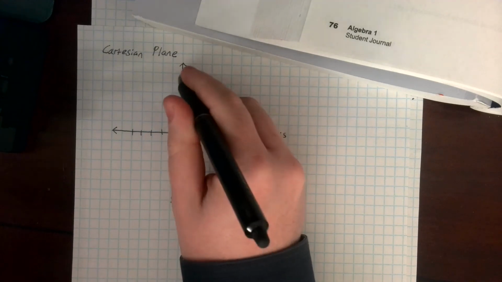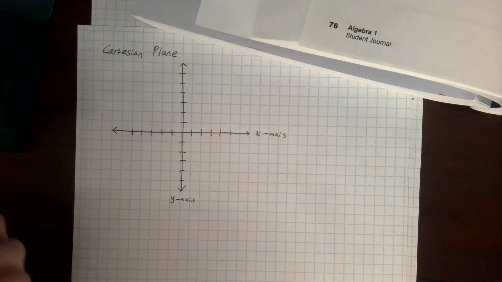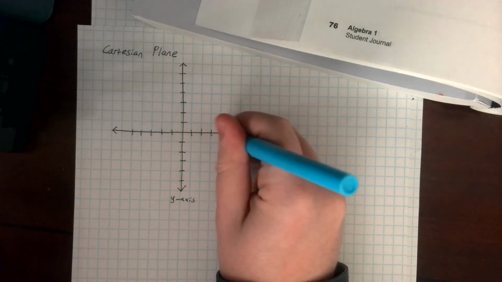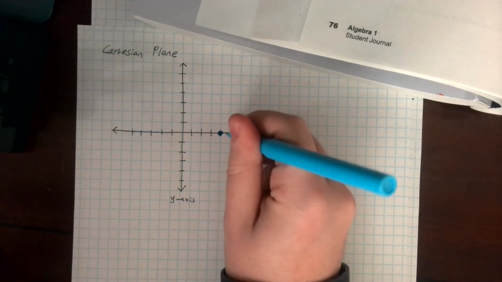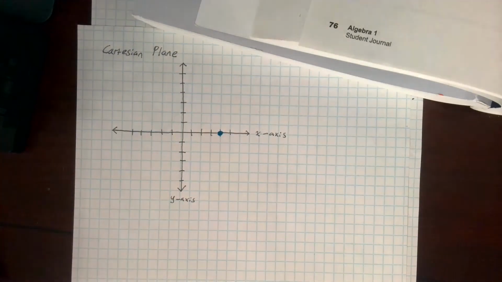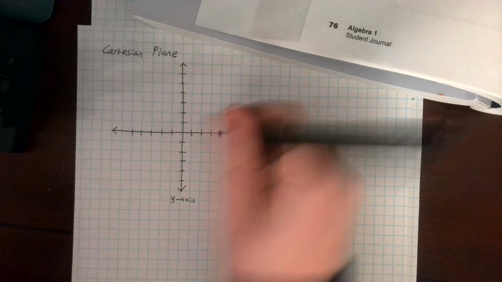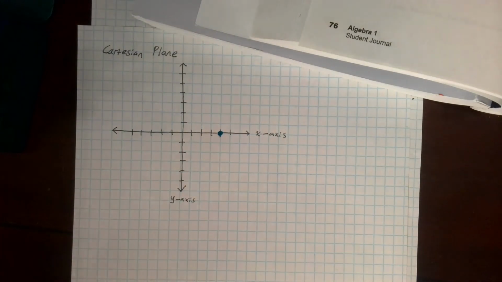So let me give you an example. Let's say I had a point, and that point was right here. If I wanted to say where that point is located, there are two things I need to write down. I need to write down, first of all, how far left or right it is, then how much up or down it is.